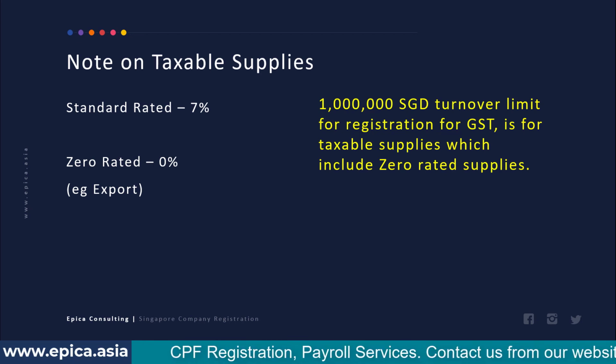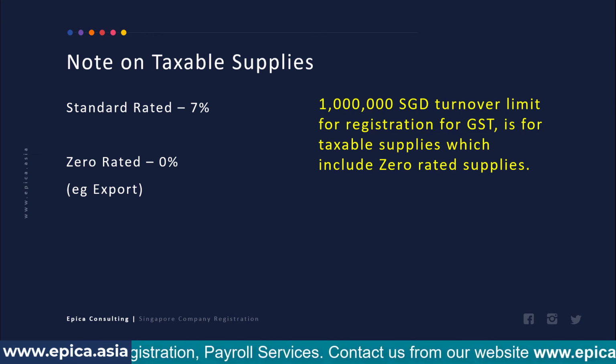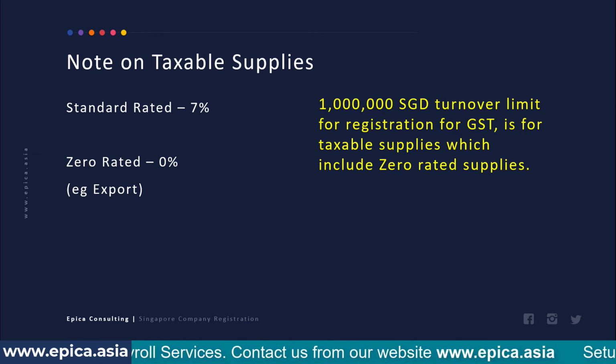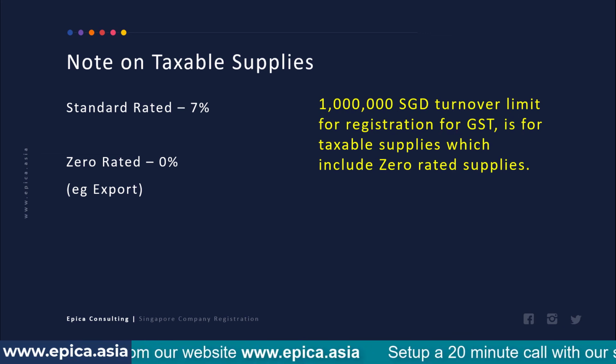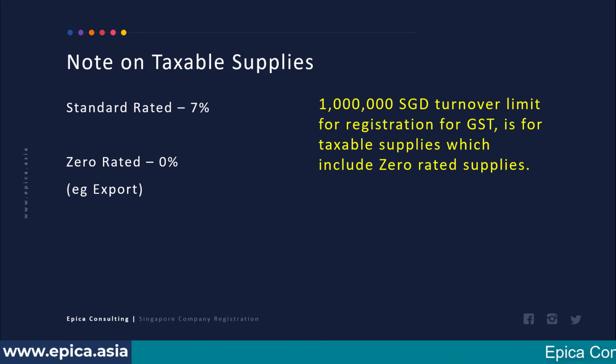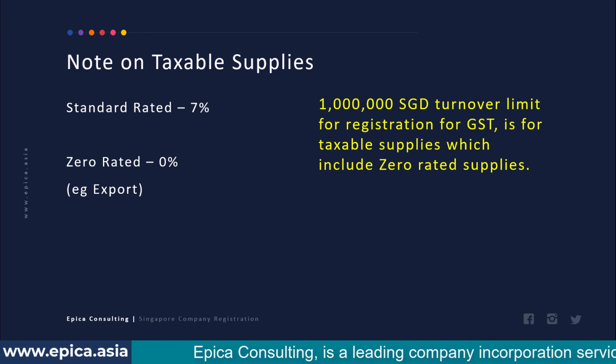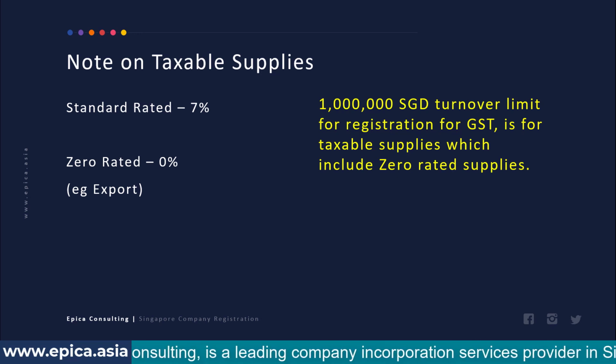In a simple scenario, if you only sell laptops, and your sale of laptops in Singapore is $600,000, and the export of laptops is another $600,000, then even if 7% GST chargeable transactions are only $600,000, you are still liable to register for GST because you are crossing the $1 million threshold. Of course, if you do not want to register for GST, you can apply to the GST authorities for exemption. But your liability is still there. So keep this point in mind.